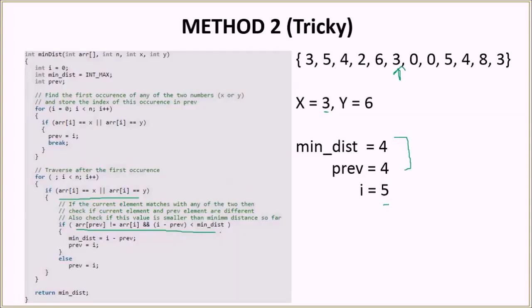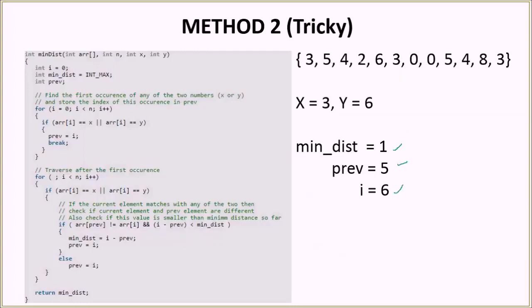So we are comparing 6 with array of i, which is 3 here. These both elements are different, and i minus previous is 1 here. It's less than the minimum distance, which is 4 right now. So the minimum distance will be 1 now, and the previous variable will be updated to 5. So 1, 5, and i is now 6.